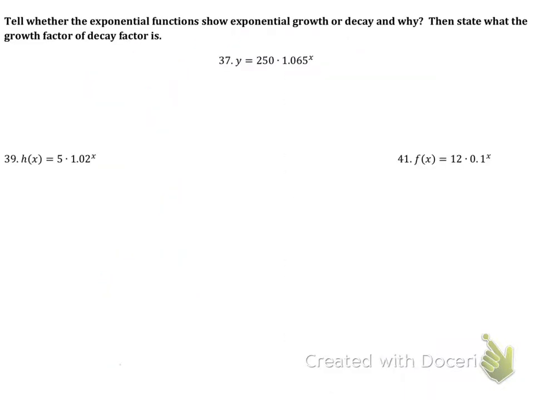All right, so tell whether the exponential function shows exponential growth or decay in y, then state what the growth factor or the decay factor is. So for number 37, y equals 250 times 1.065 to the x, our growth factor is going to be this number right here, 1.065, okay?